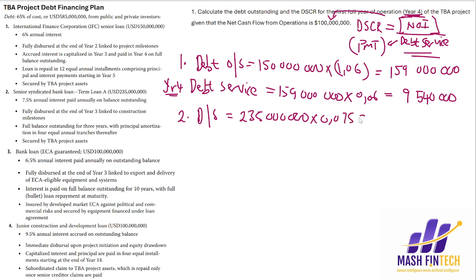If you multiply these two numbers, you must get 17,625,000. That's the second one. All right, let's go to the third one.